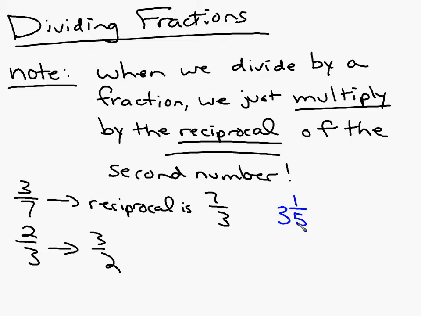Well, it's not 3 5/1. You have to make it improper first. Remember how we do 5 times 3 plus 1? So that's 15 plus 1, which is 16/5. That's what you use for the reciprocal.